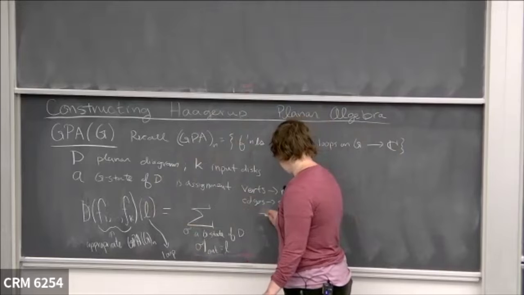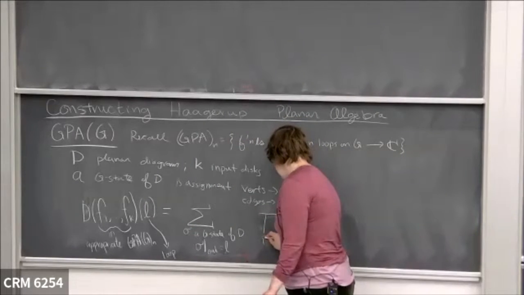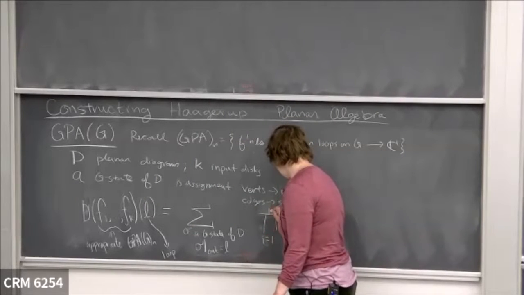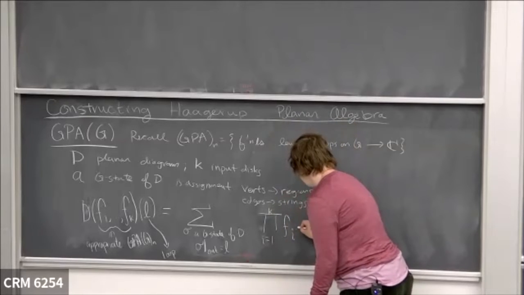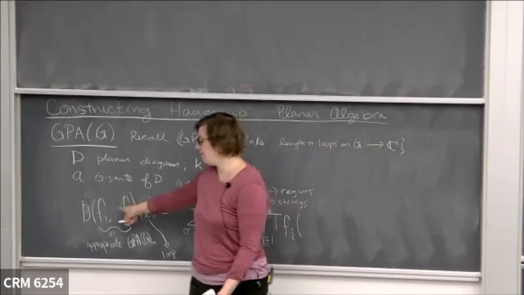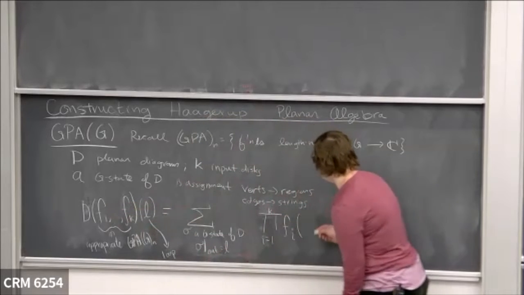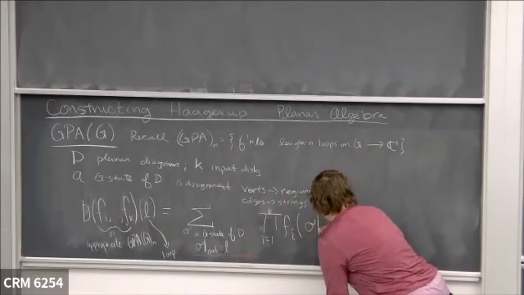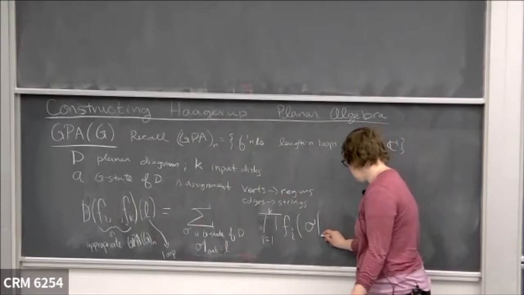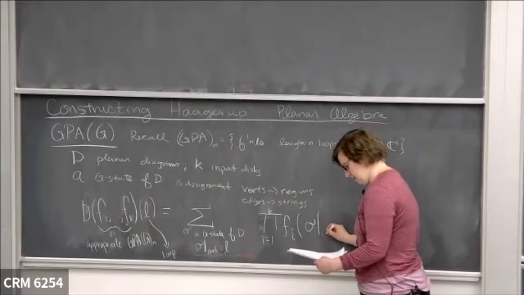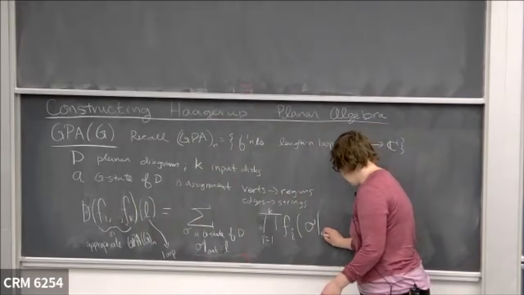And now we take the product over each interior disk and see what the functional we've plugged in there does to the loop assigned by the state to that. So sigma of the ith.